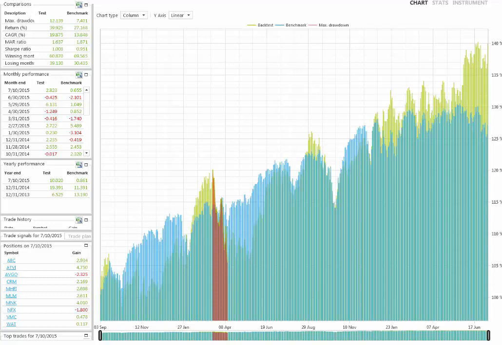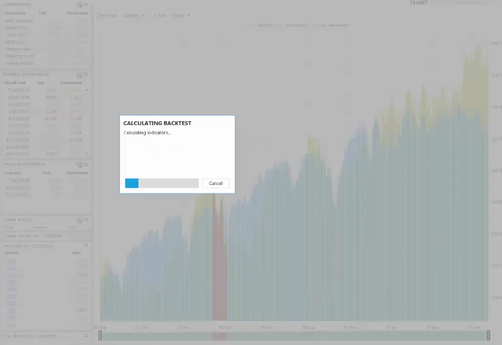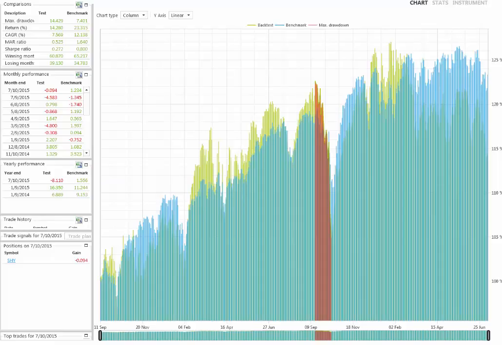Let's look at the 7th. Now we look on the 7th and we see that with this particular portfolio, performance was poorer, significantly poorer during this last couple of years than the benchmark.